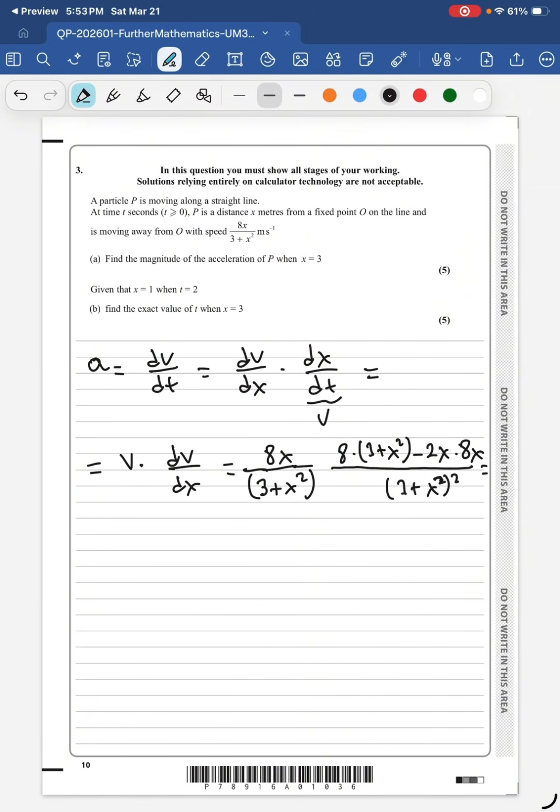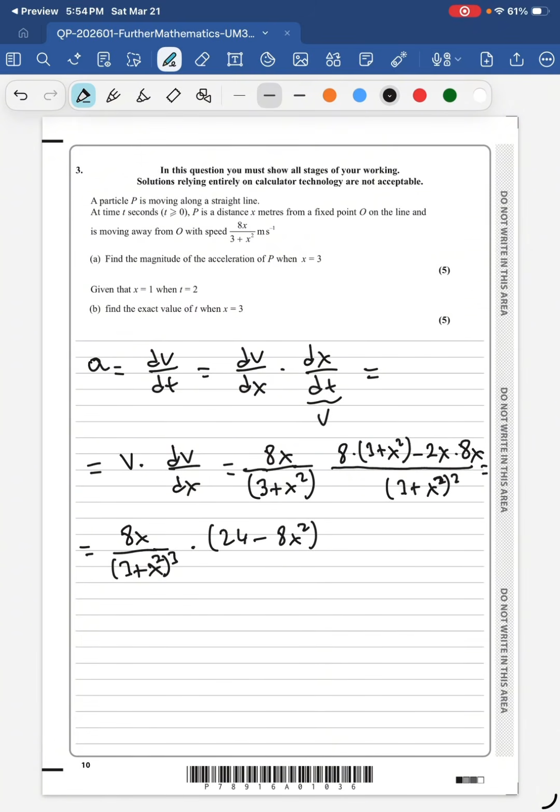So again, thank you guys for introducing me to this paper. If you carry on the calculations, you will find that this is equal to 8x over (3 plus x squared) to the cube, times 24 minus 8x squared.